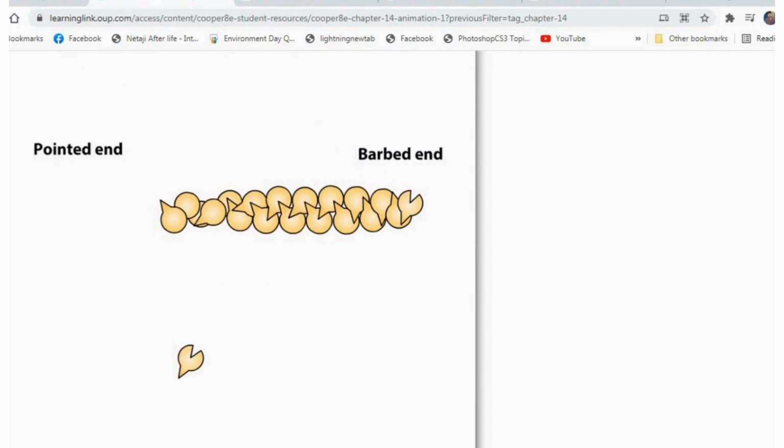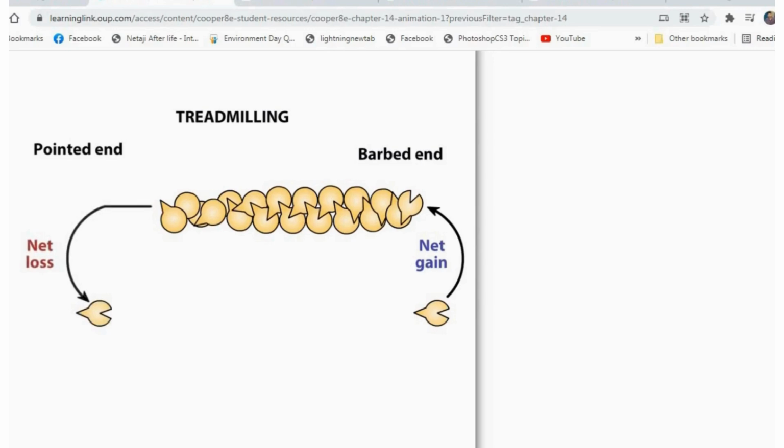This results in a phenomenon called as treadmilling. Treadmilling can be depicted in a cycle diagram in which there is a net gain of subunits at the barbed end and an equivalent net loss of subunits on the pointed end.